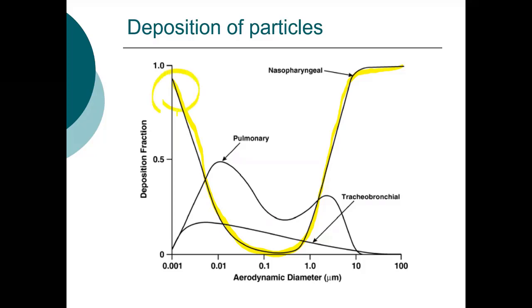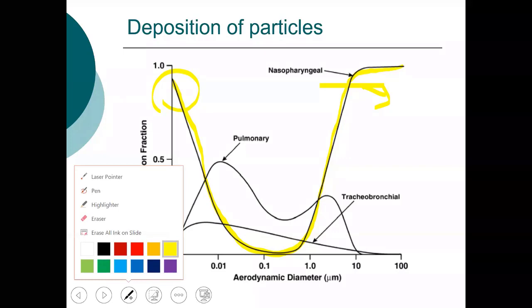Very small material here is soluble and tends to move by dissolution into the bloodstream. So here we're looking predominantly at the digestive system. With the very small particles, we're looking at removal in the bloodstream.